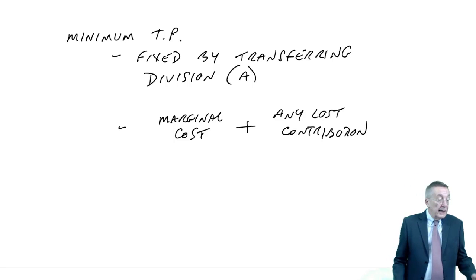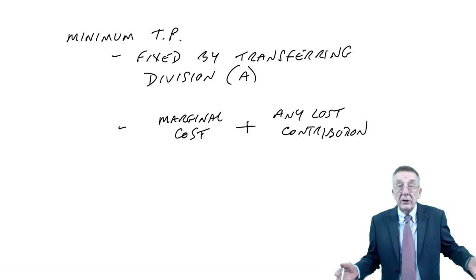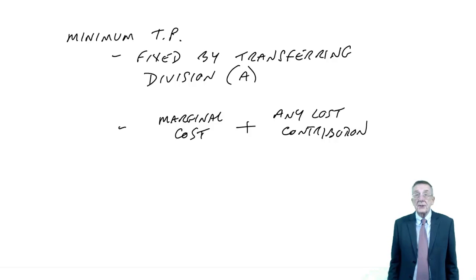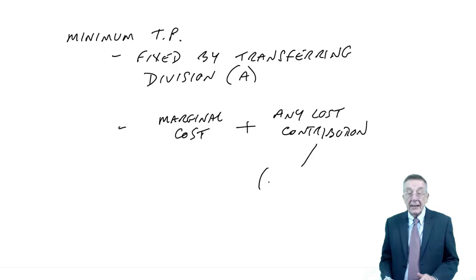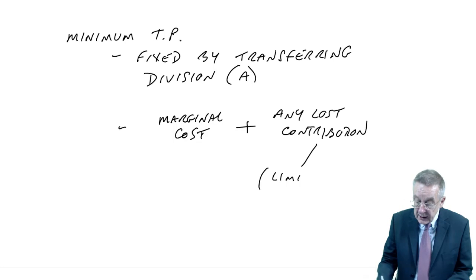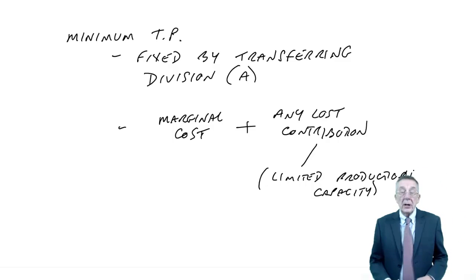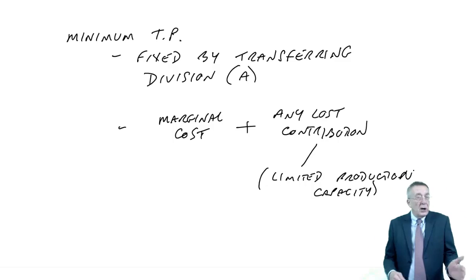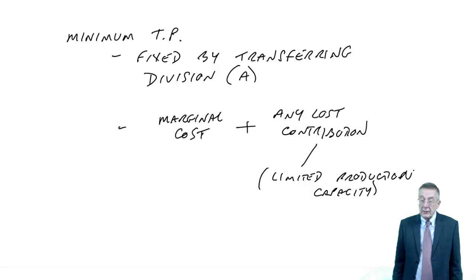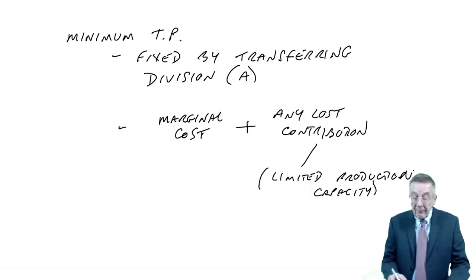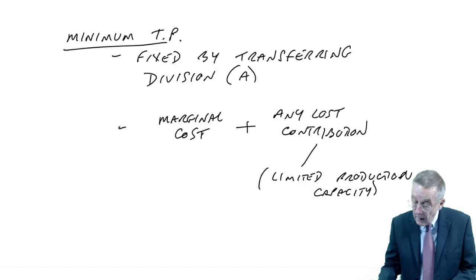If you look back, examples 4 and 5, there was no lost contribution, so it was simply marginal cost. But lost contribution will potentially occur when there's limited production capacity. The minute you see there's limited production capacity, then you're looking to see, could they have sold externally instead? In which case you've got this lost contribution. All right, that's the minimum.